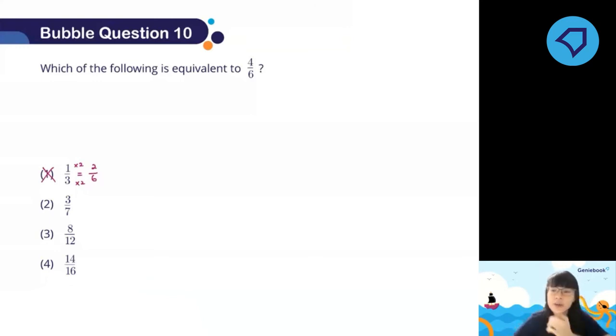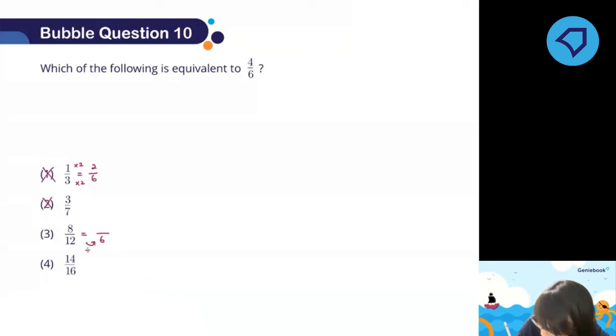So I see majority of you got the correct answer. So how do you get this one? Can you tell me how you guys get this one? 3 over 7 and 4 over 6 are not equivalent fractions because there's no way you can make your denominator to be the same. Okay? 6 and 7 cannot. So this one, no. So what you can do is you can try to change this to over 6.